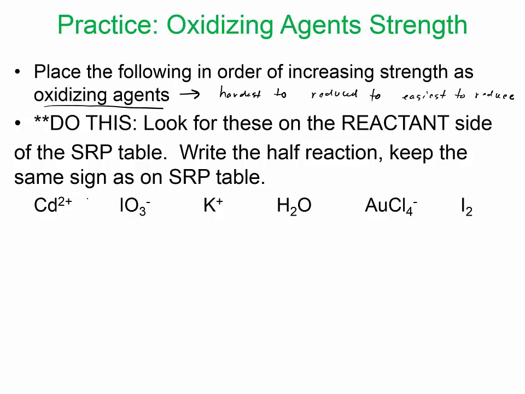Let's take a look and find these on our SRP table, and then we'll write the voltages underneath. I'm going to write little half reactions under each one of these.